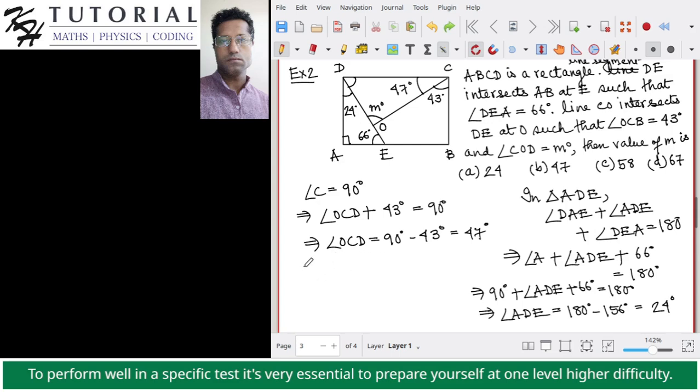Angle D is one angle of the rectangle, so it should be 90 degrees.